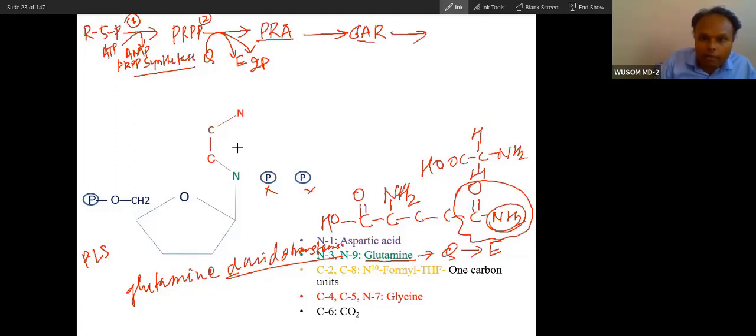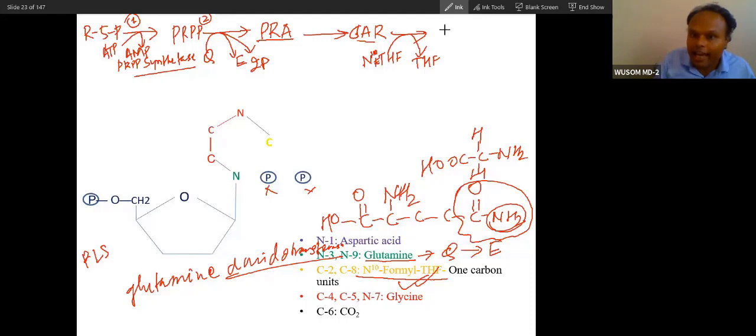Now for this glycinamide ribose, in the next step, what will happen? 1 carbon will be transferred here, and you know this carbon is transferred by N10-formyl tetrahydrofolate. The formyl tetrahydrofolate will convert into tetrahydrofolate, and the formyl will transfer to this.